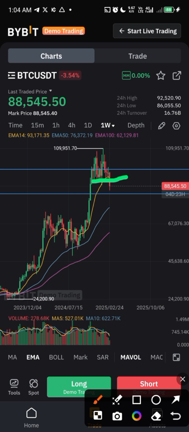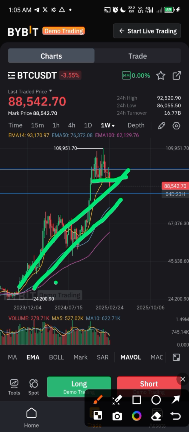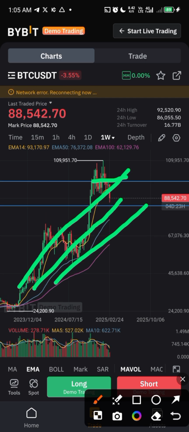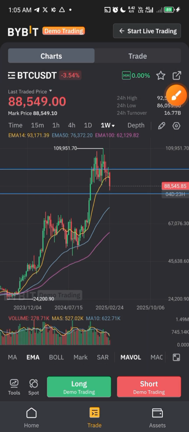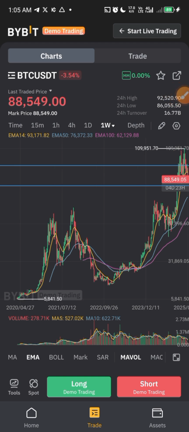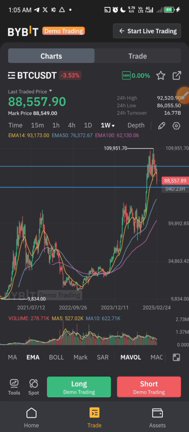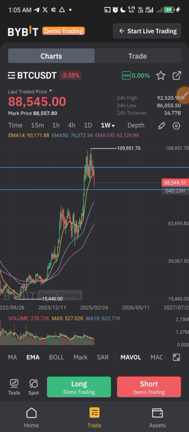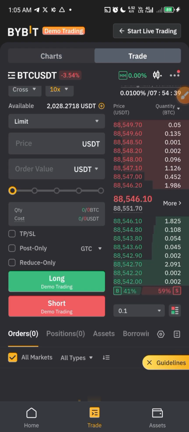You can see it has broken the level, but on a general note, it is going up, because if you look at this moving average and this moving average, they are showing that the trend of the market is up in the 1 week time frame, right? So this is a bigger time frame showing that the market is up. So you have nothing to worry about the trend right now. The trend of the market is actually up. Now, when you see all of this, let's go back to trade. So how do we now place the trade? How do we take our trade?